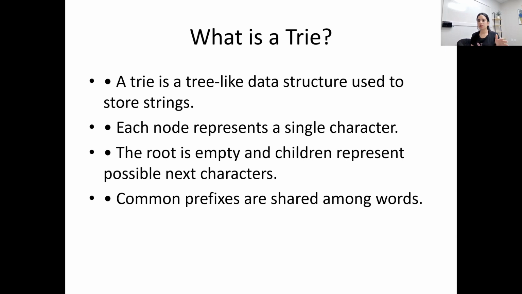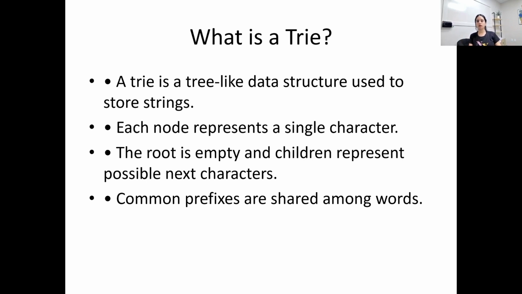A string could basically be anything. It could be a sequence of special characters. It could even be a huge number, which is obviously stored as a string. So whether it's used for finding out whether a particular sequence of characters exists in our data structure or not, it's very efficient for that.